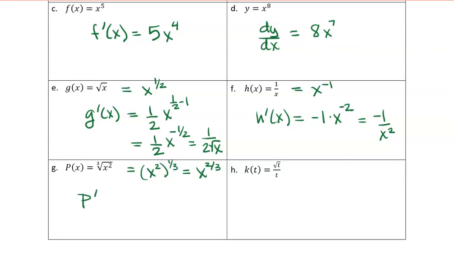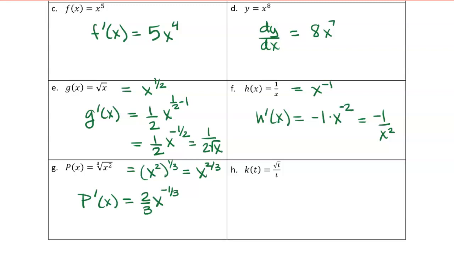So I can find the derivative, p prime of x, by bringing down the power, right? 2/3, and then x to the 2/3 minus 1, which is 2/3 minus 3/3. So I'll get a negative 1/3 when I subtract 1 from 2/3. Okay.